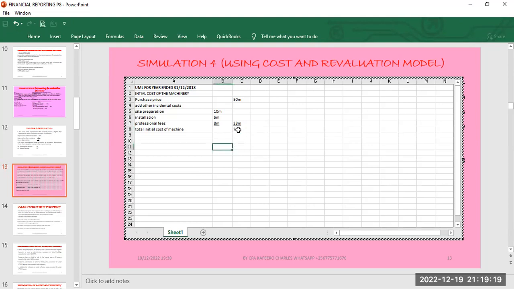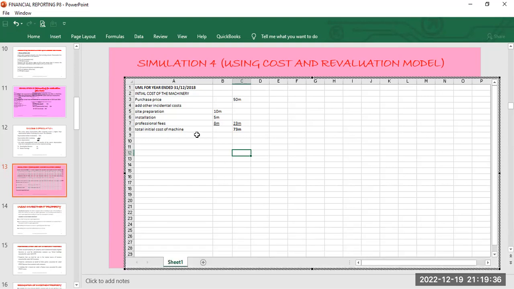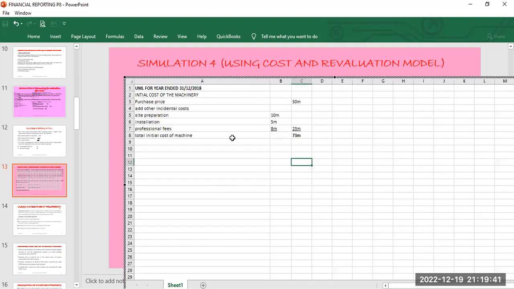And this 73 million is now going to be the cost that we are going to be using when we are dealing with this asset. So that's basically the total initial cost that we incurred in the acquisition of that asset.